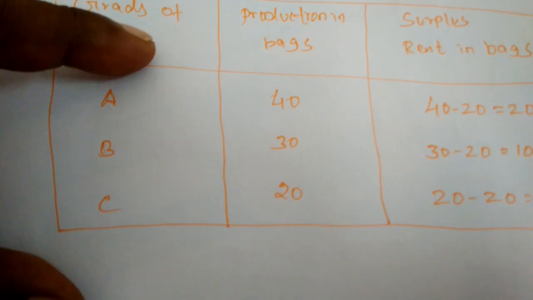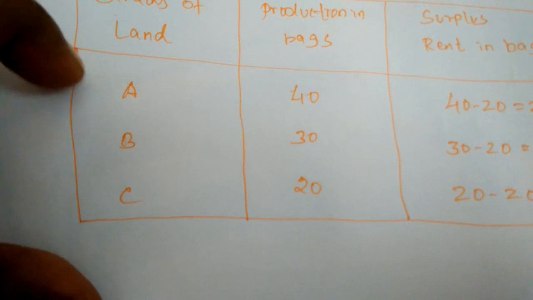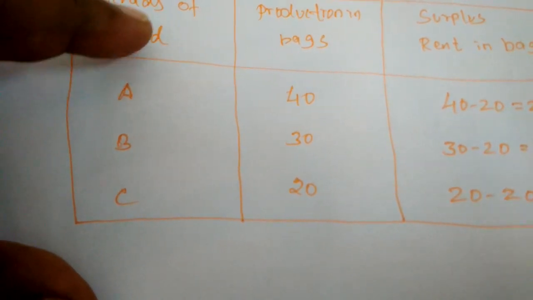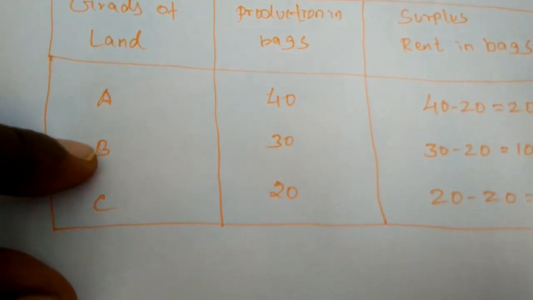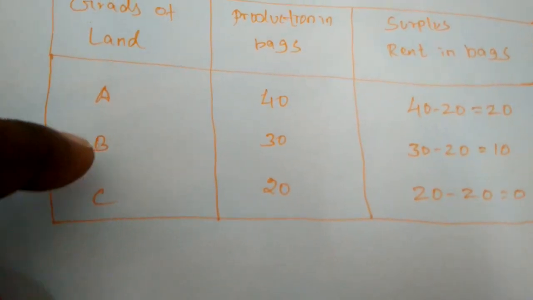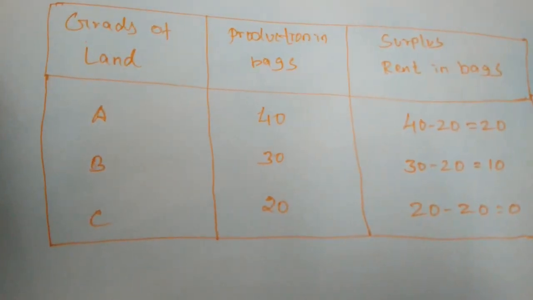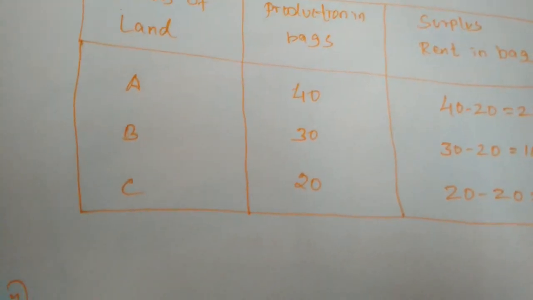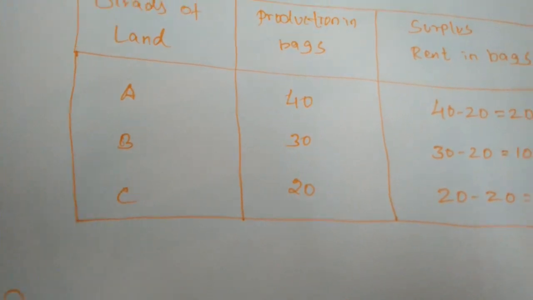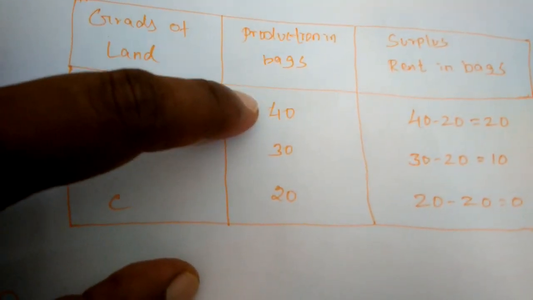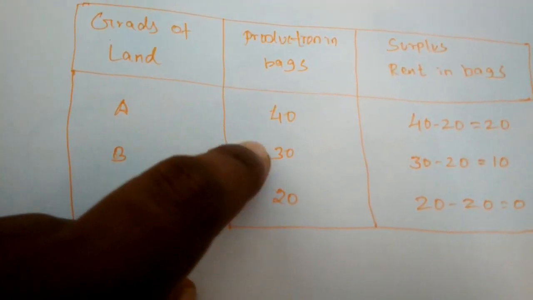The same people are used to cultivate the B grade land also, so the B grade land will provide 30 bags of paddy per acre. Now the A grade land will get 40 bags of paddy, and the B grade land will produce 30 bags of paddy.